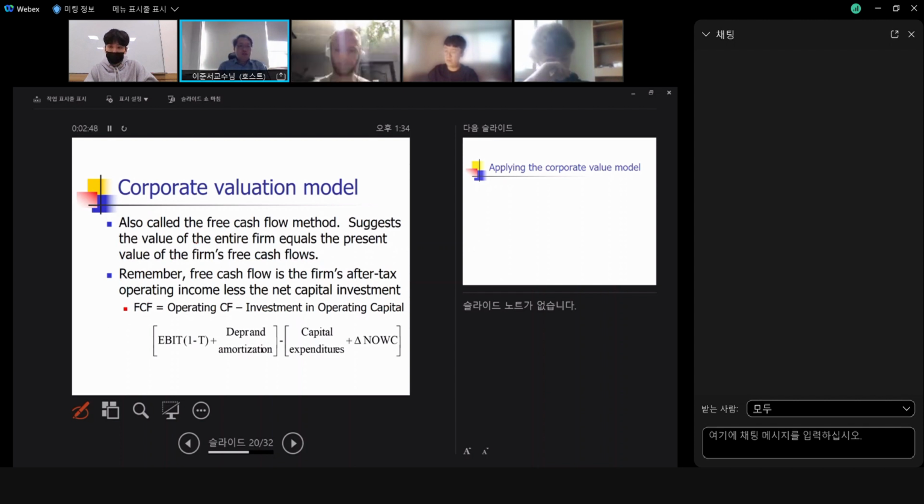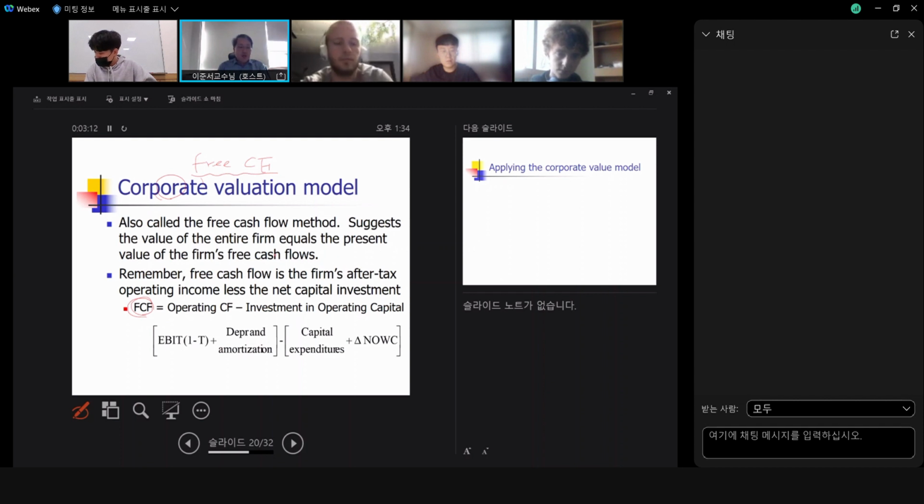To start the corporate valuation model, you need to know the free cash flow first, because in the corporate valuation model we use the free cash flow. So first of all, you need to understand the definition of free cash flow.